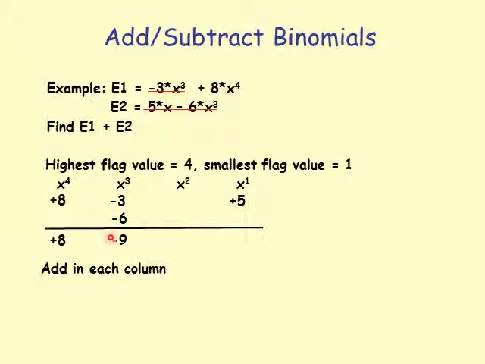Add them up is a minus 9. And that's minus 9x cubed. Nothing under x squared, so 0x squared, and 5 under x first power, so plus 5 times x. So E1 plus E2 is 8x fourth minus 9x cubed plus 5 times x.